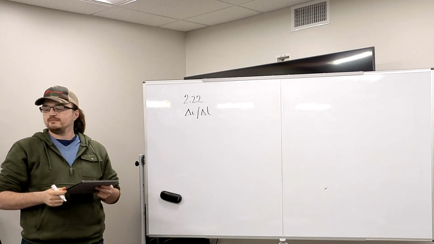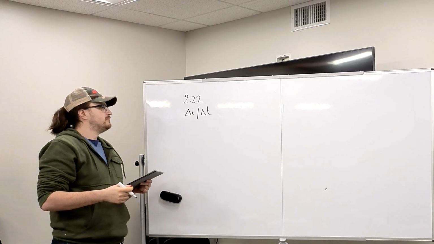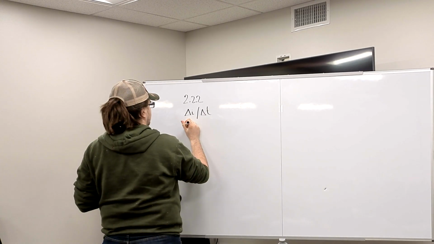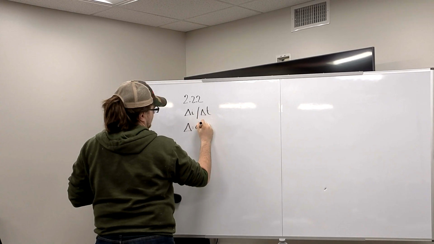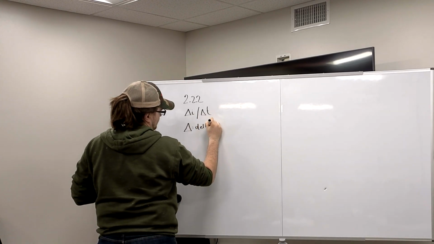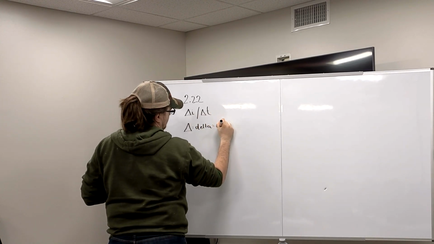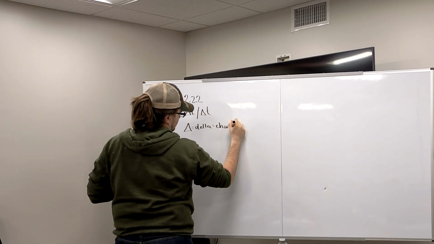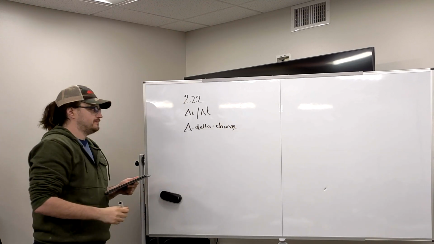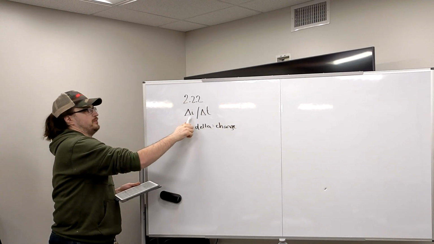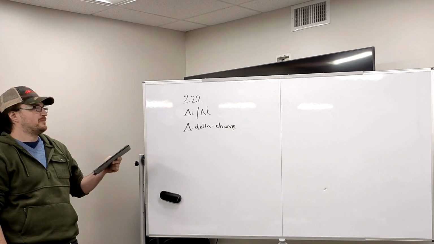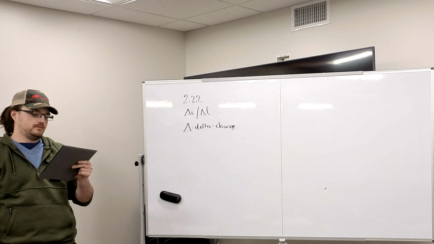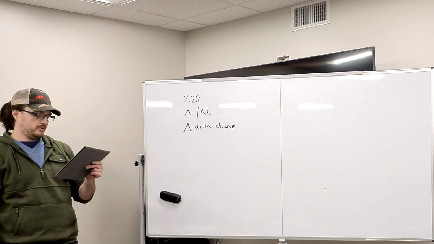What is the triangle? Delta. Trust me, I took calculus in college. I know what delta means. So delta T is a change over time. What is delta I? Same thing. Either one works.